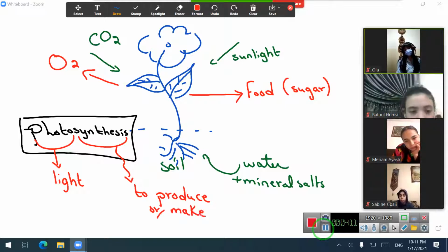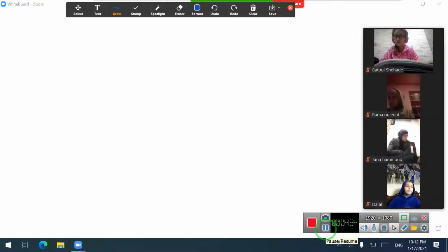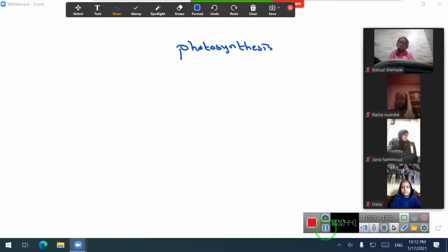So the word photosynthesis is a term that describes a process in green plants to produce their own food by absorbing water, carbon dioxide, and mineral salts, and releasing oxygen into the air. So photosynthesis is a process done by green plants to produce their own food.